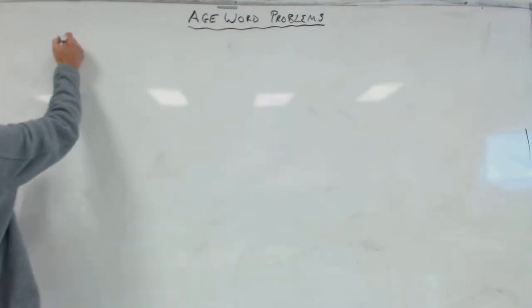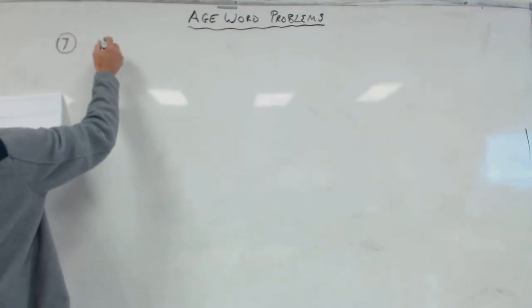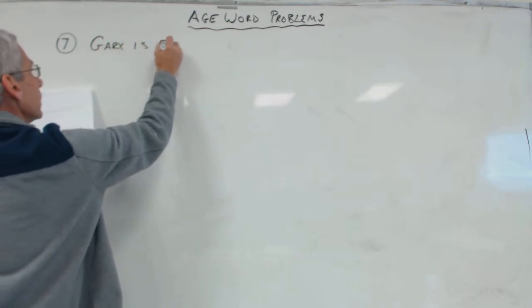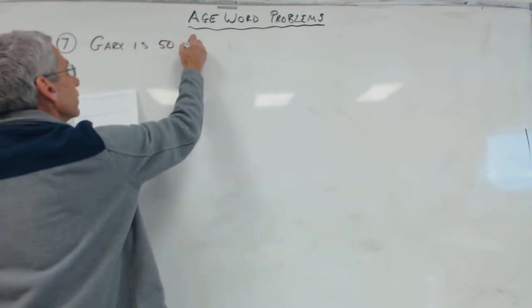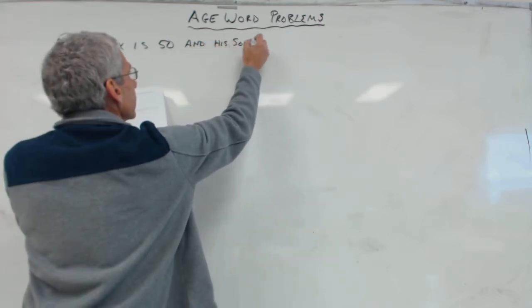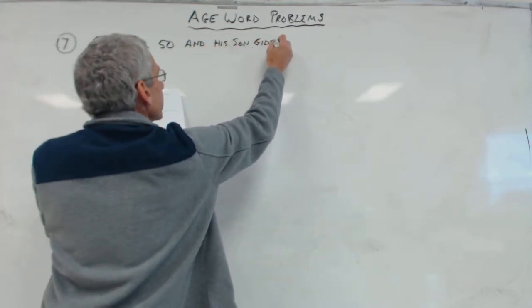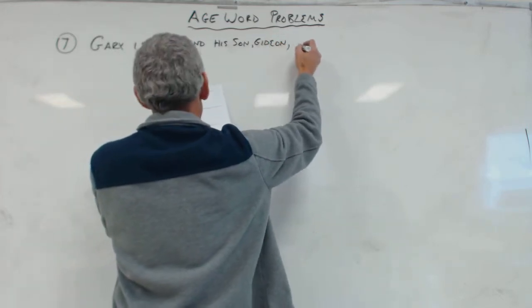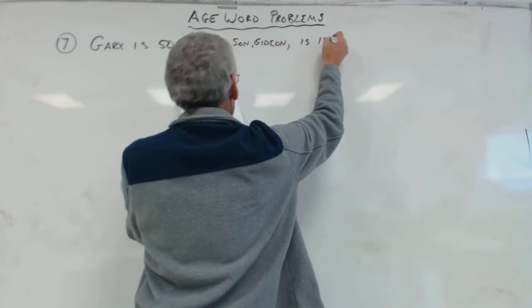So this is number 7. It says Gary is 50, and his son, Gideon, it's not his son's name really, but that's okay, is 18.